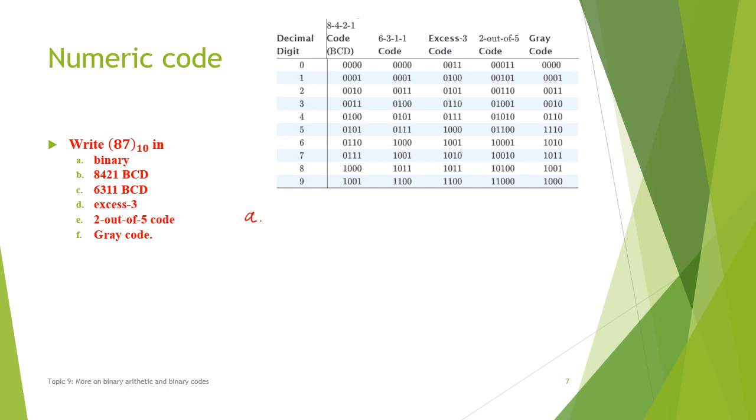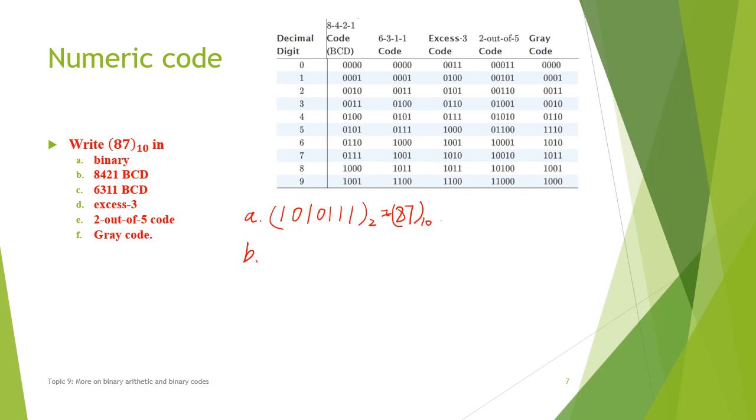So 87 in binary, we will write as 64 plus 16, that's 80, plus 7. So this number, a 7-bit binary, represents 87 in decimal. Okay, that's the true value of this number.